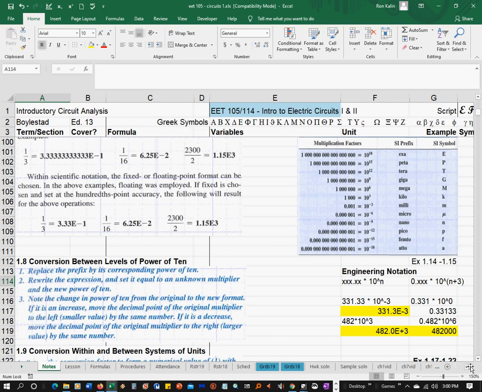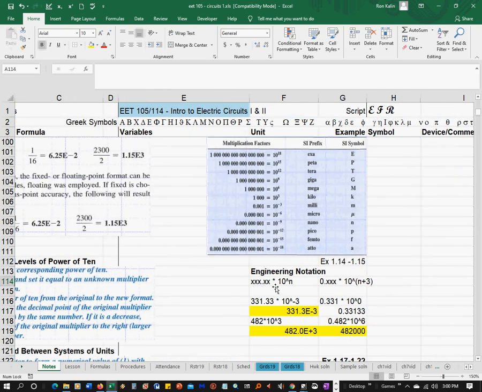So what they're saying there is, let's say you have a number that looks like this, and you want to convert it to a different prefix. To convert it to a prefix that differs by, let's say, a power, it would be 10 to the 3rd, which would be a jump from, let's say, milli to micro.